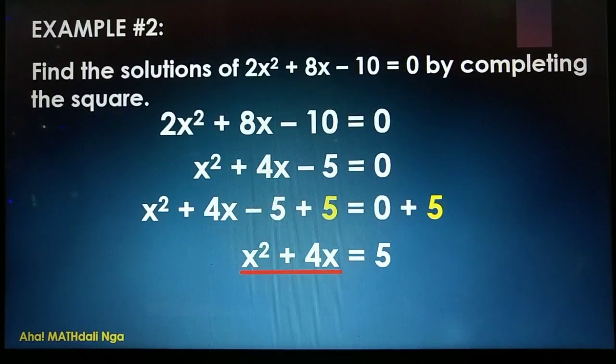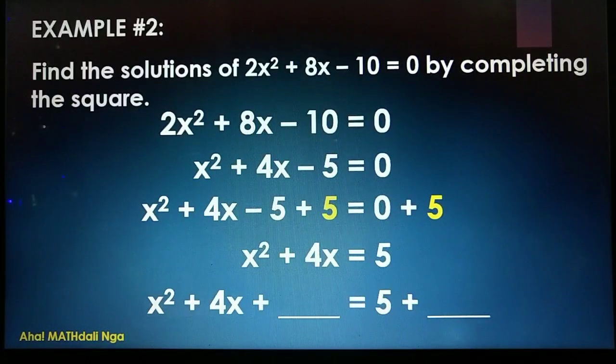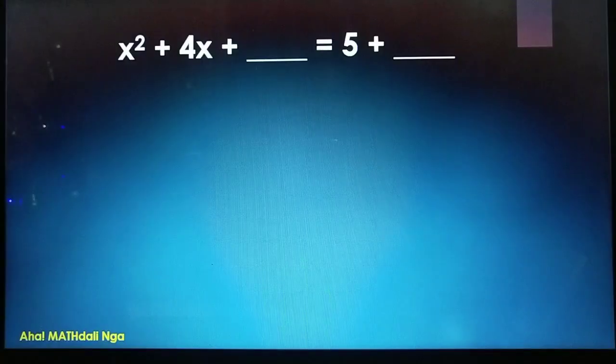Next is, we need to make x squared plus 4x a perfect square trinomial. So we have x squared plus 4x plus missing term equals 5 plus the missing term. Okay, so we will use b, which is equal to positive 4. We have to divide it by 2.